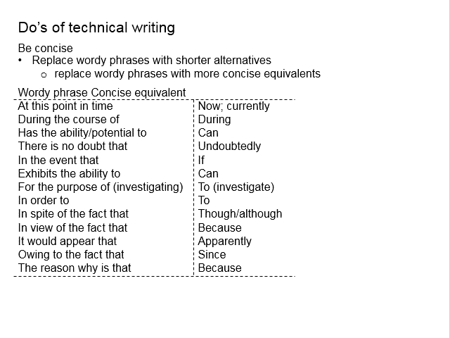For example, at this point in time, you might as well write now or currently. During the course of, you just put during. Has the ability or potential to, you just put can.